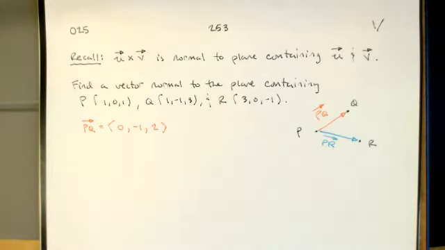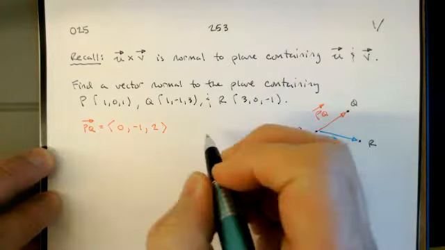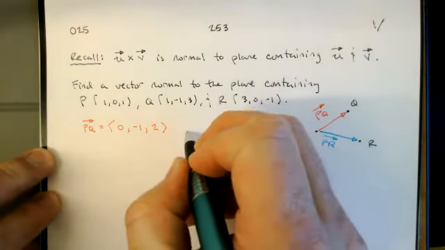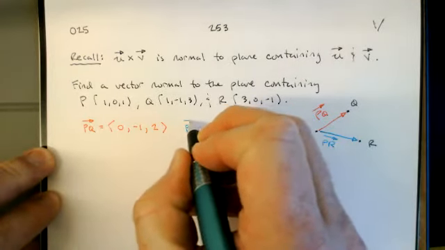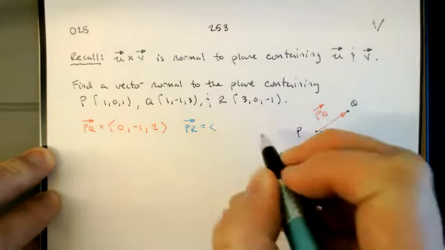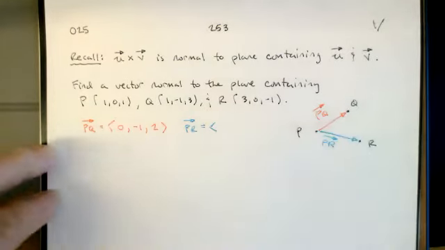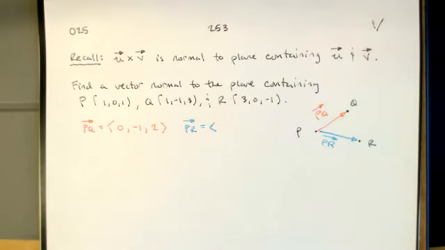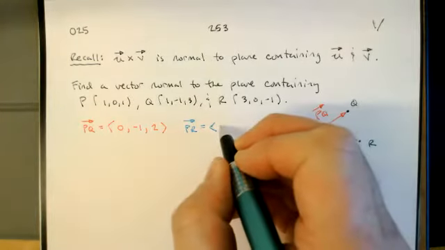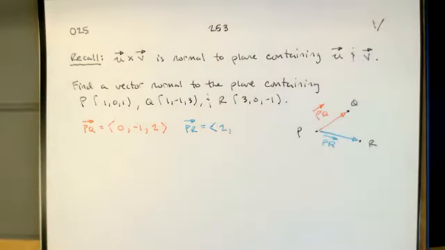We'll do the same thing with the vector PR. I just need to indicate that direction. So I'll just subtract components like we did before. So PR, if we start at P and end at R, the X increased by 2. So we're going to have to do a +2 in the X. The Y's don't change.